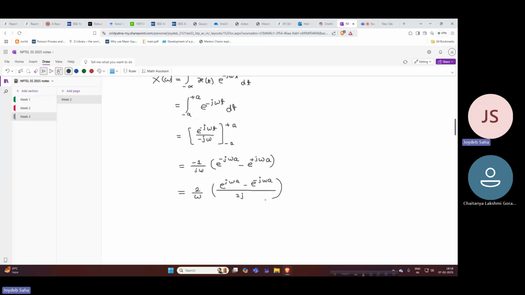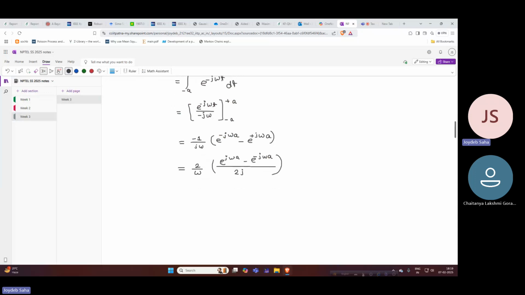Please try to understand this step. Can we write it like this? Yes, we can write. We have simply rearranged it and multiplied with 2, divided by 2 and rearranged it. Right?